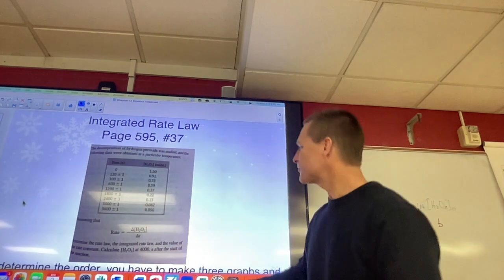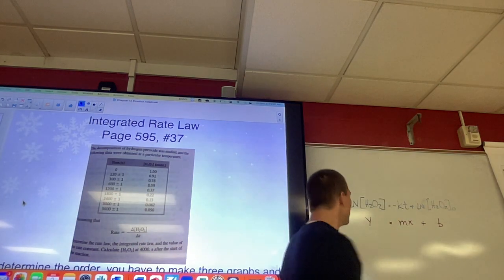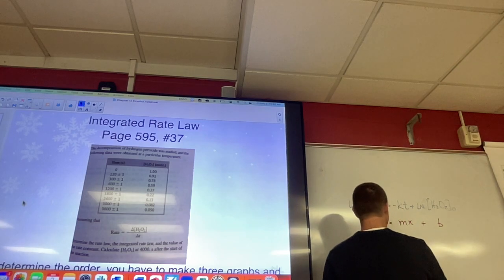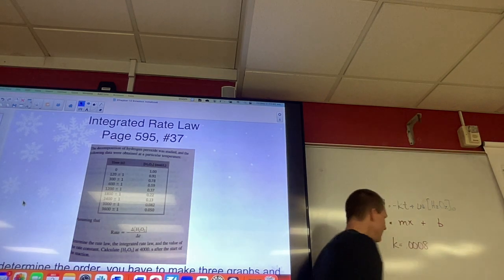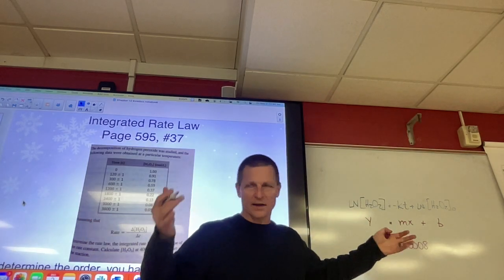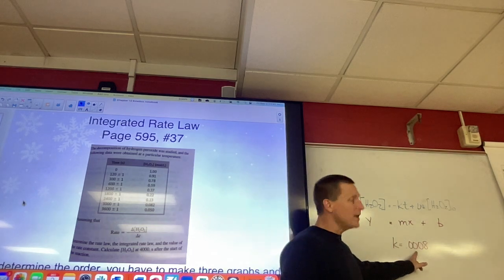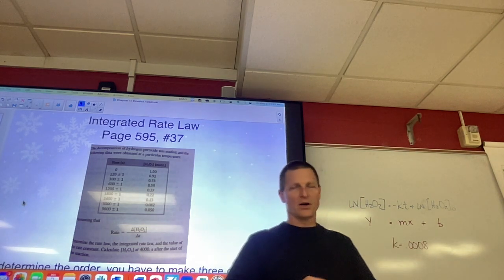So going back to the problem, it says find the value of the rate constant. If you remember, the rate constant in that one was k equals 0.0008. That's all. They only gave one sig fig, so that's what we have, and it's fine. Now there is a unit on k. We'll talk more about the unit when we do the other type of rate law, the differential.